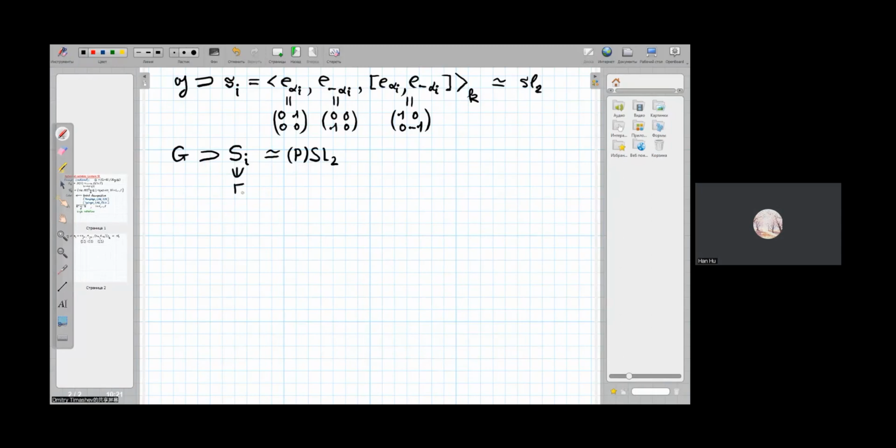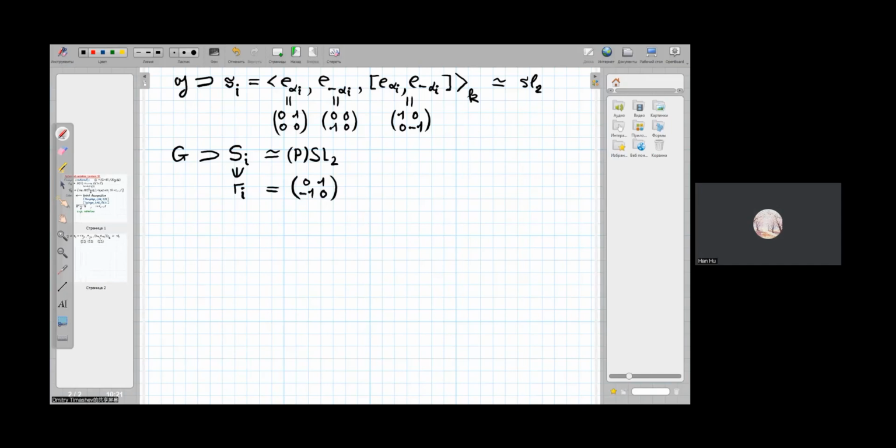This element Ri is actually an element in this three-dimensional algebraic subgroup Si, corresponding under this isomorphism to a matrix of this form: 0, 1, minus 1, 0. This is what I call the simple reflection Ri.